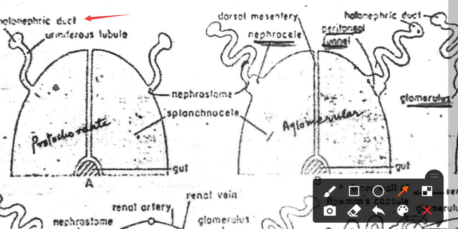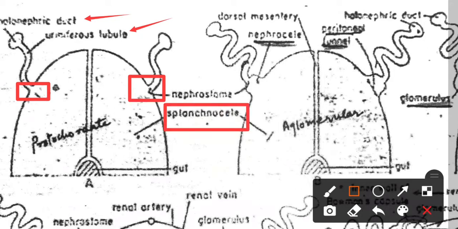And here you have the uriniferous tubule, which we discussed in the previous lecture. The main thing is that it has a direct relationship with the coelom, and this is the splanchnocoel. This is the coelom of the animal present in the body of that protochordate. So this is the case in the protochordates.